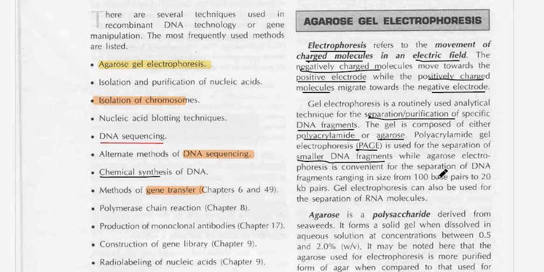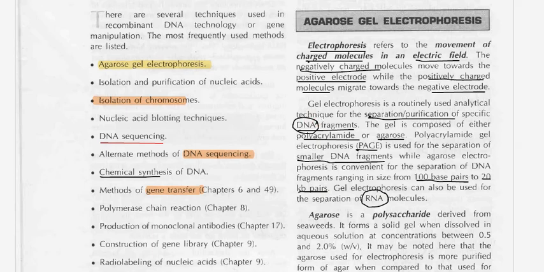It is used for separation of DNA fragments ranging in size from 100 base pairs to 20 kb. It can also be used to separate RNA molecules, so DNA as well as RNA molecules can be separated.